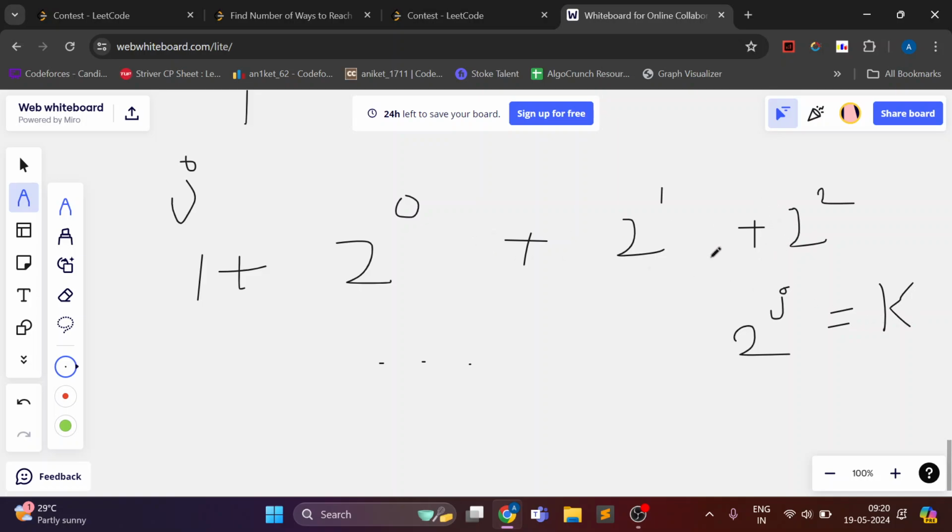Now where can I insert minus 1 in this case? I can insert it either here or between this, or between any two additions of powers of 2.